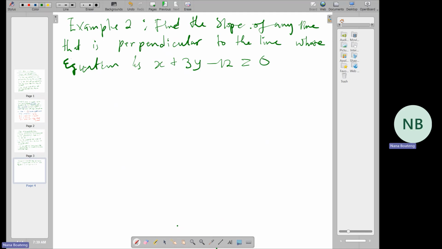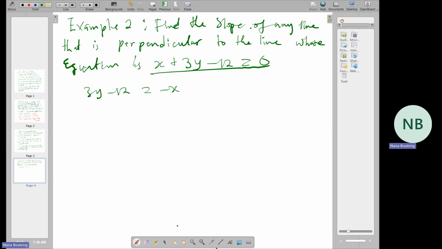All right, so we said if there is any other line that has a slope that is perpendicular to this line, then the product of the slopes of the two lines is equal to -1. So to find the slope of this line, we have to first write it in slope-intercept form. If we subtract x on both sides, we have 3y minus 12 is equal to -x.